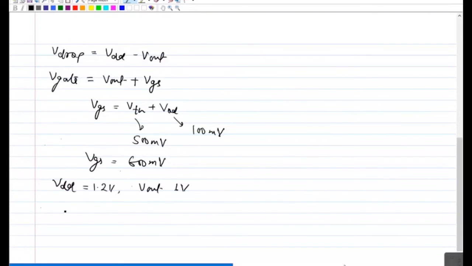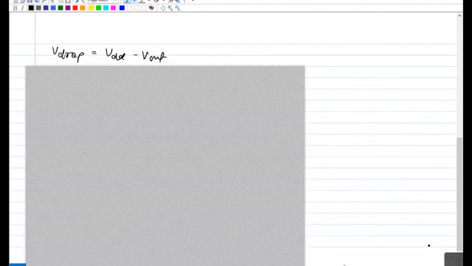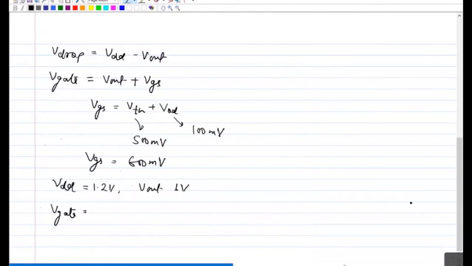Now assume VDD is 1.2 volt, V out is 1 volt, let's say. So your required gate voltage will be 600 millivolt plus 1 volt.